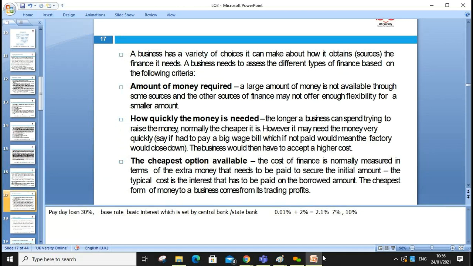Okay, next, a business has a variety of choices. They can raise money: amount of money required, how quickly money is needed, and the cheaper option. We always look at which one is a cheap option. Like a payday lender: if you don't have your own money, you go to the shops where you can borrow money for a short period of time until you get your salary, and maybe they charge even 200% interest on some, or it can be 30, 40, 50, 60%.